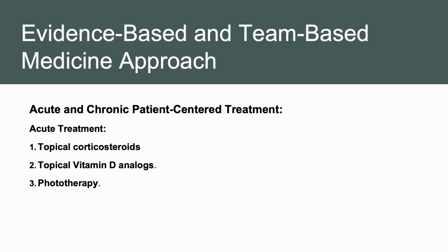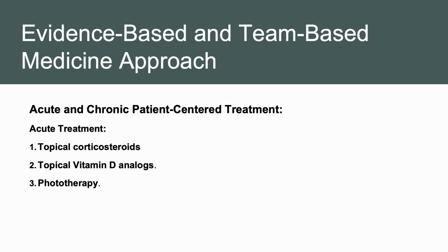If the diagnosis were in question, we would want to do a skin biopsy to confirm the diagnosis histologically. In this case, based on the history and physical exam findings, we're confident in our clinical diagnosis of psoriasis. So now let's talk about acute and chronic patient-centered treatment.